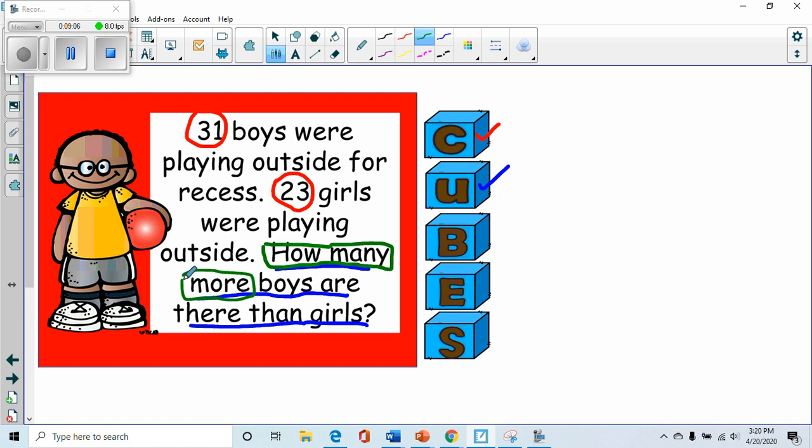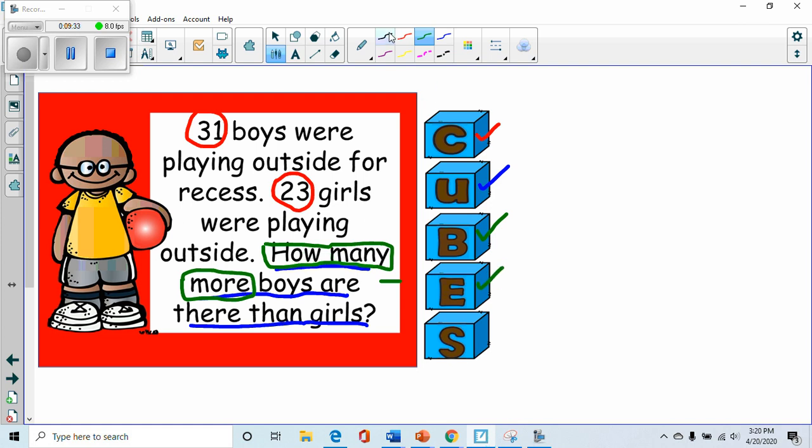How many more? So we need to figure out the difference between these two numbers. We know 31 is more than 23. The question is, how many more? When I see the question, how many more, I know I should subtract. I'm finding the difference.